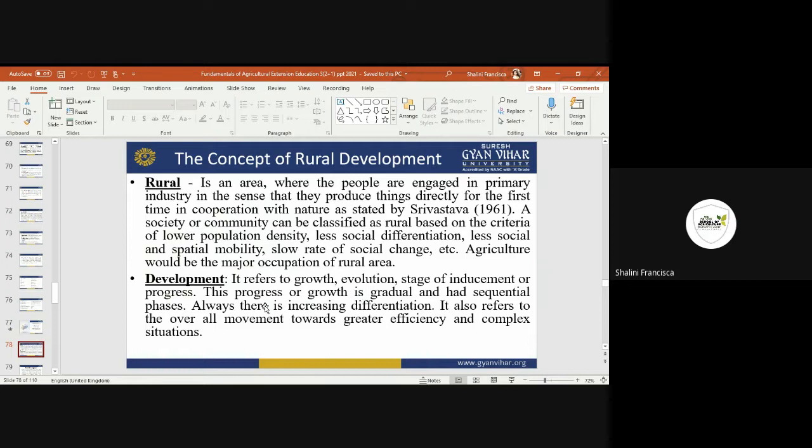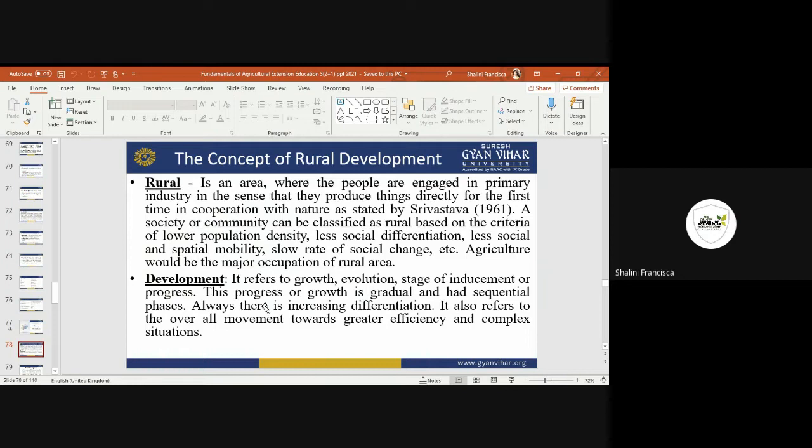Then low social differences. We have studied rural sociology, and in that we studied a lot about how the settlement of villages was done. Sometimes it was divided according to caste, occupation, name, and even culture.